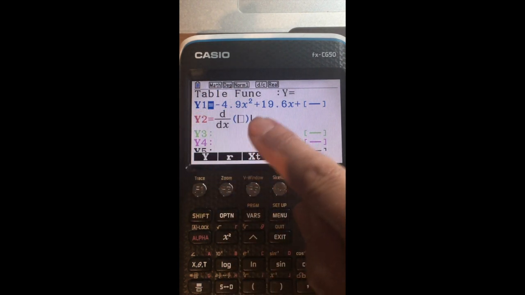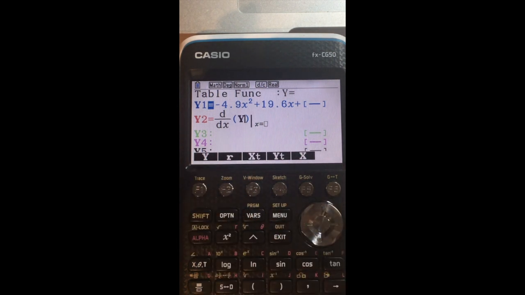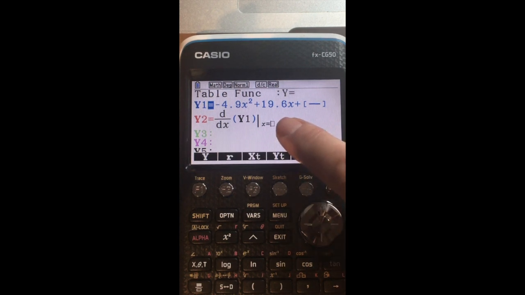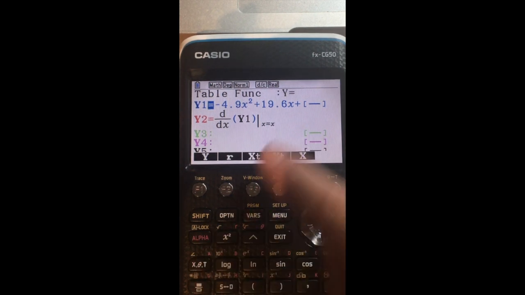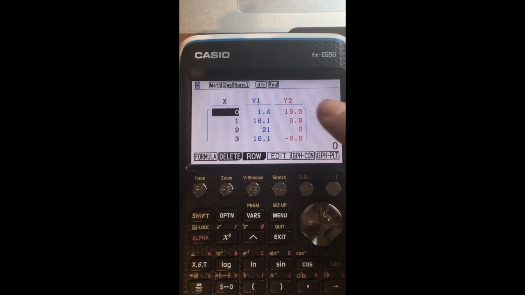I want the derivative of y1, so I choose y here and 1. Here I want every value, so I'm just going to put in x. Then I go to the table.